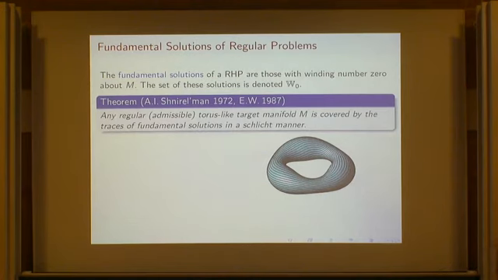And this is the main result, which was shown by Schnirelman under somewhat stronger assumptions, and I had the pleasure to extend it to the assumptions we have seen. Namely, any regular admissible torus-like target manifold is covered by the traces of the fundamental solutions, and the fundamental solutions are those which have winding number 0 about the target manifold. It's covered by these fundamental solutions in a schlicht manner.